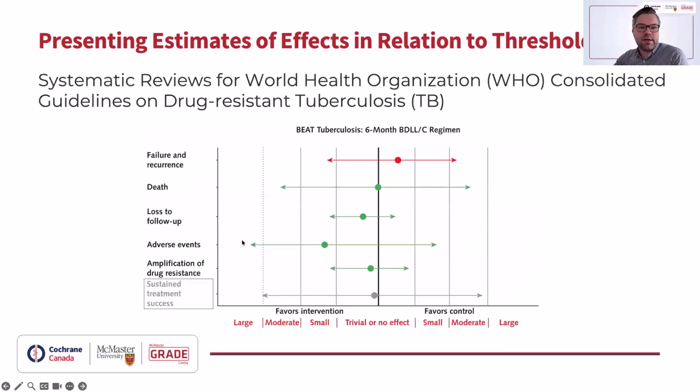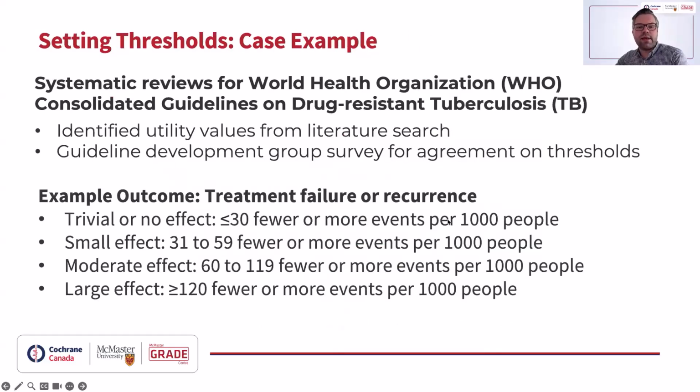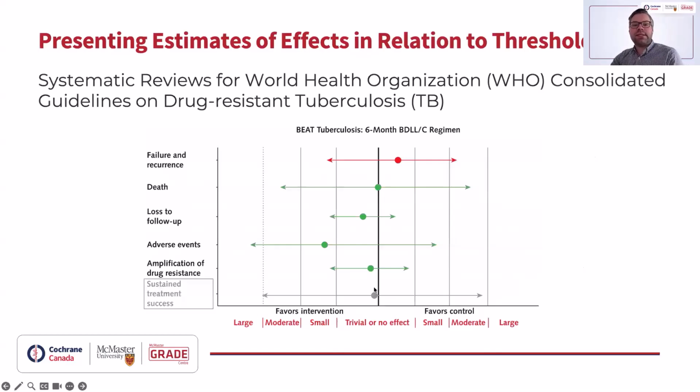So you can imagine this line here for failure and recurrence is 30 here, fewer or more events. For death, this was not 30, because death is a more important outcome of this utility value of 1 or a utility value of 0. And this would be, for example, about half that rate, let's say 2% or 20 fewer events or more per 1,000 people.